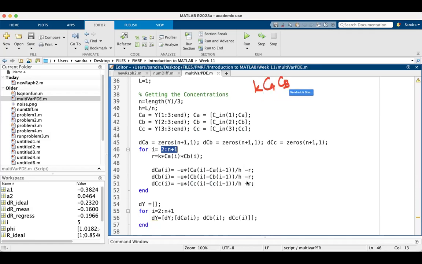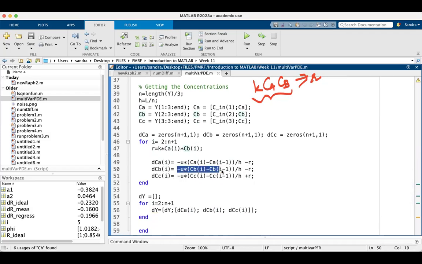So I am calling this R. First let me calculate R. R is nothing but, at a particular index, CA multiplied by CB. Now this is my equation for CA: u times the backward differential formula, (CA_i minus CA_(i-1)) divided by h, minus R. This is for B and this is for C. Okay, remember here.